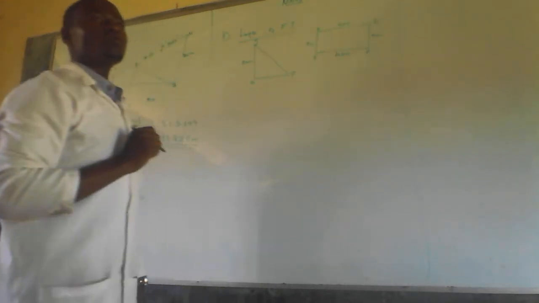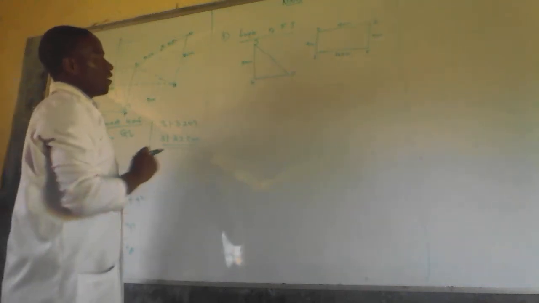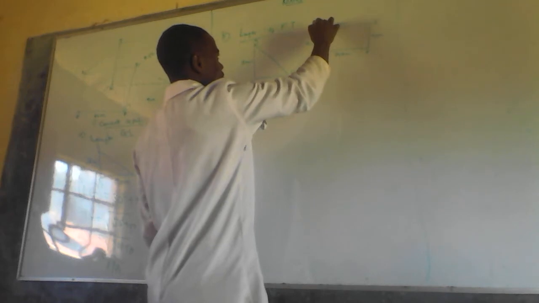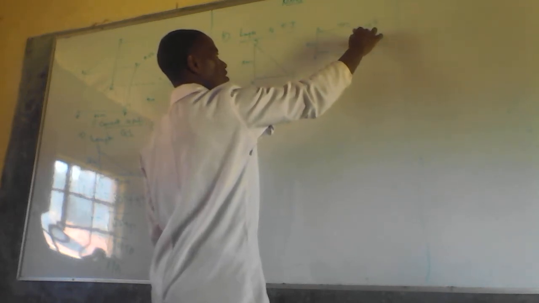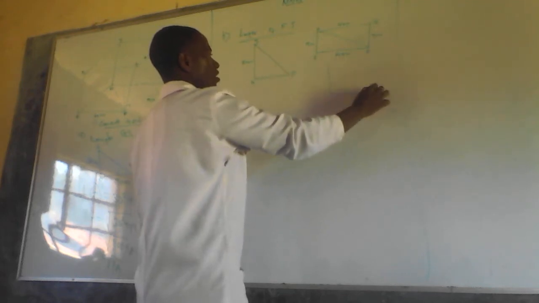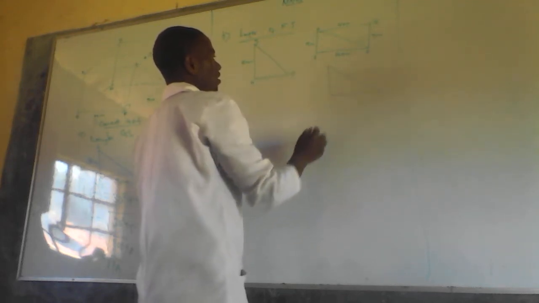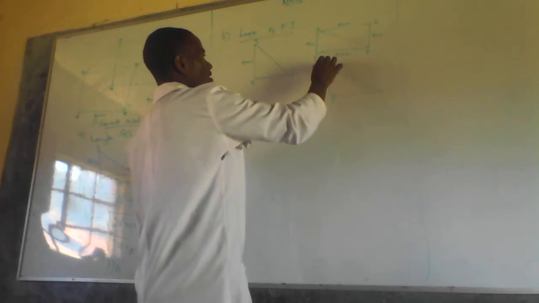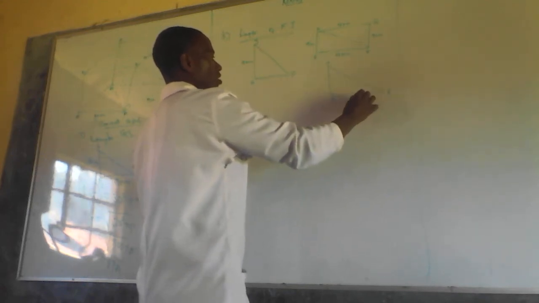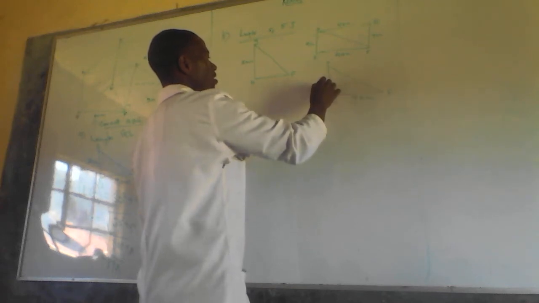But our interest is to find the length HF. So it is the diagonal. And if we use this one, then we'll have a figure of this kind. We have our E, our H, our F. This one is 40 centimeters, this is 9 centimeters.